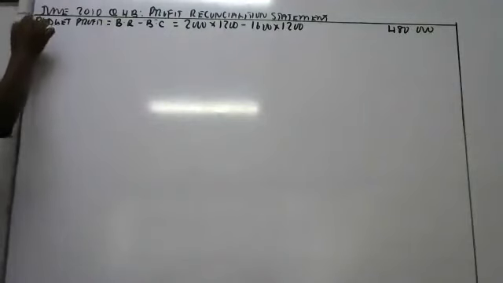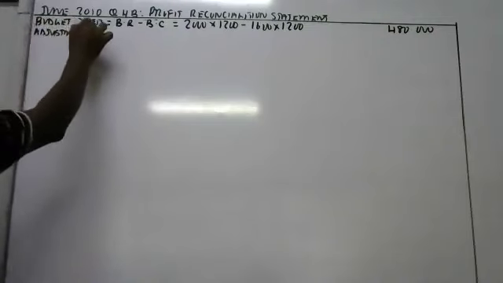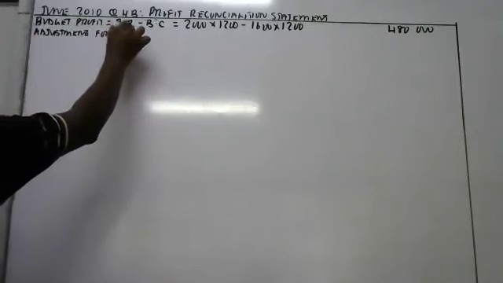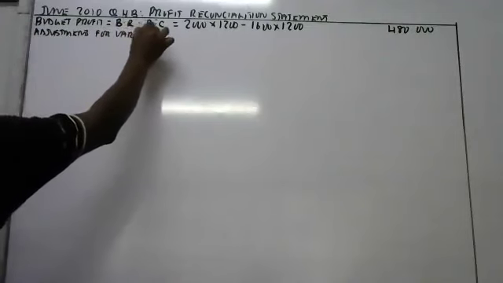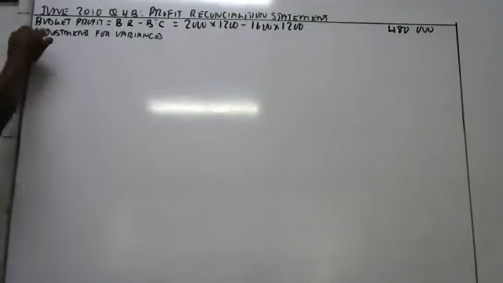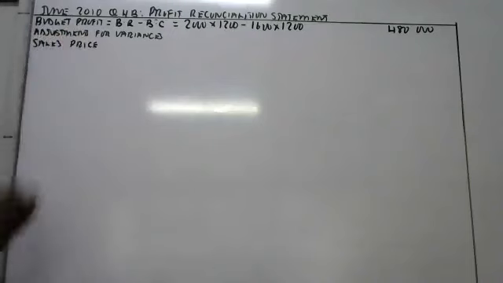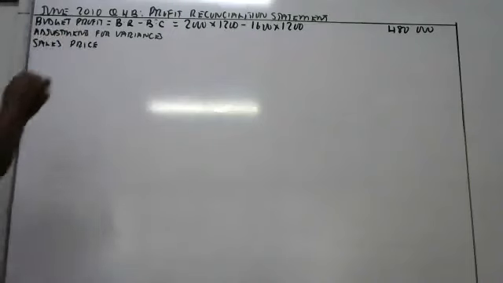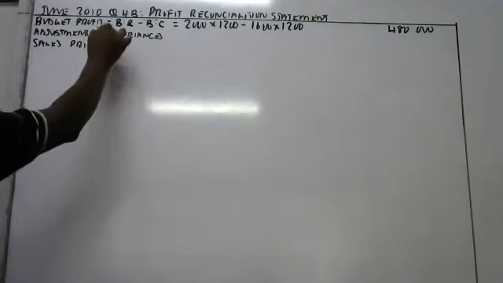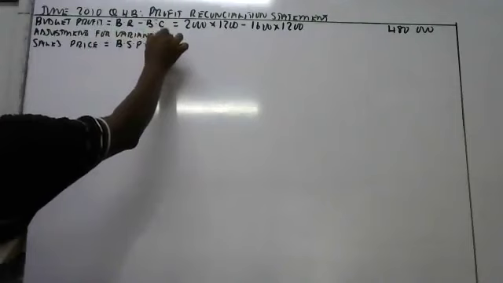Then adjustments for variances. We start with the sales price. Now, sales price variance is given as budget selling price minus actual selling price.